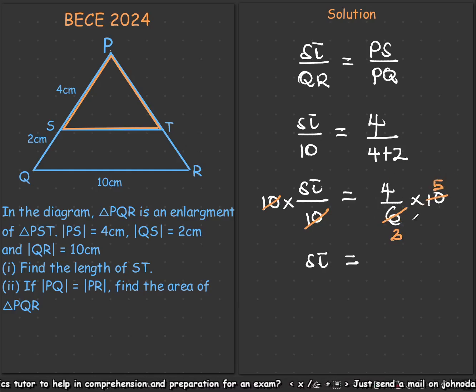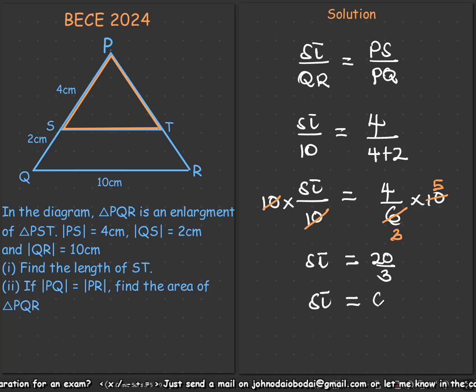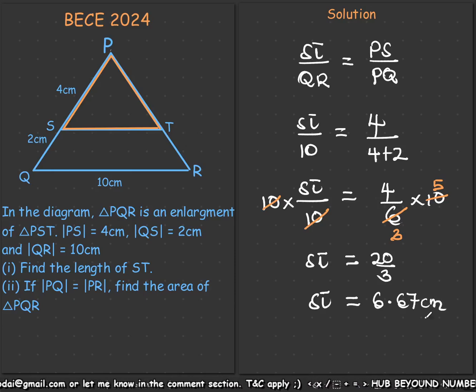We have 4 times 5, which gives us 20, so that is 20 over 3. If we simplify further, we get ST being 6.666, using long division. To 1 decimal place, let's write 6.7 centimeters. So this here becomes the length of ST.